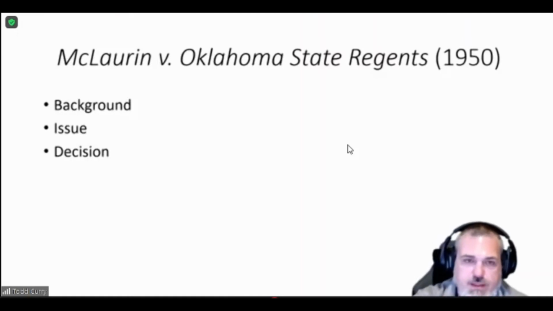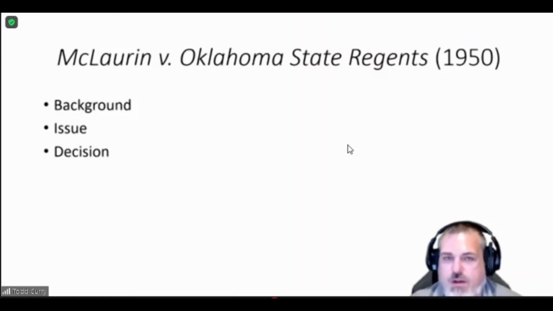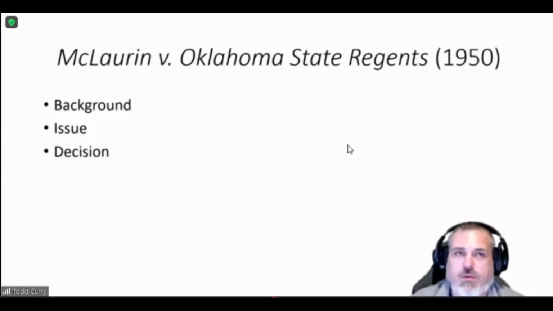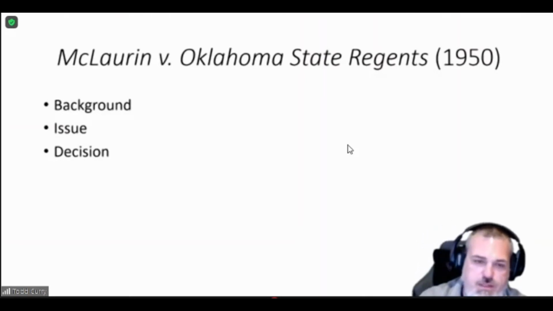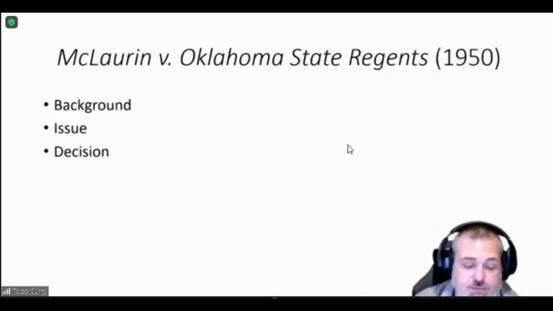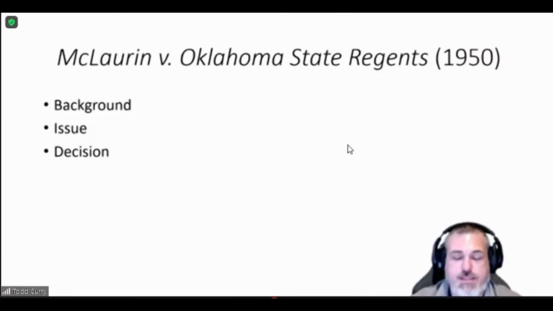And so the question in this case is, was segregation within the law school a violation of the Equal Protection Clause? Now understand, this is a very different case to make than Sweat v. Painter. Sweat v. Painter basically said, okay, you have two different accommodations.